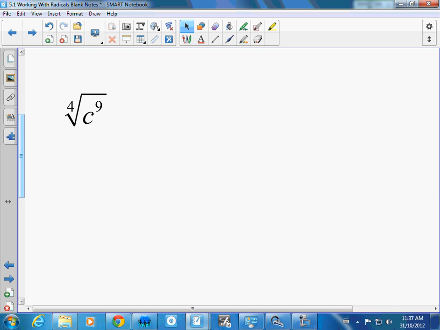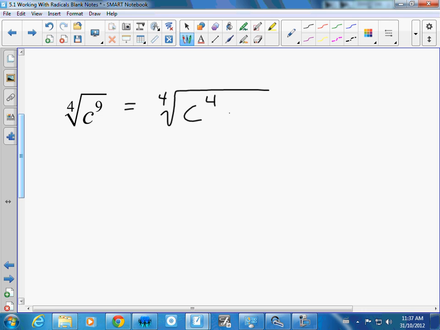So what if there are ones? c1, c1, c1, c1. What do you get? c to the 4. Okay, so that would work. We could basically, if we wanted to, don't write this down, guys, break this down into c4 and c5. Could we take the fourth root of c4?